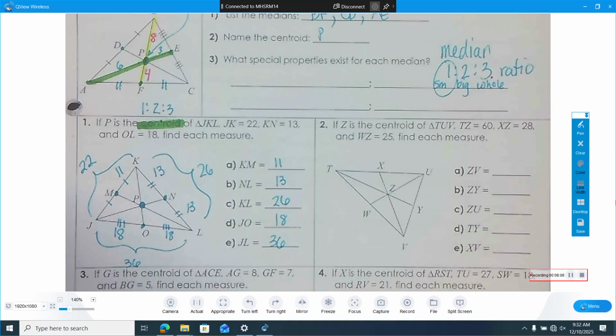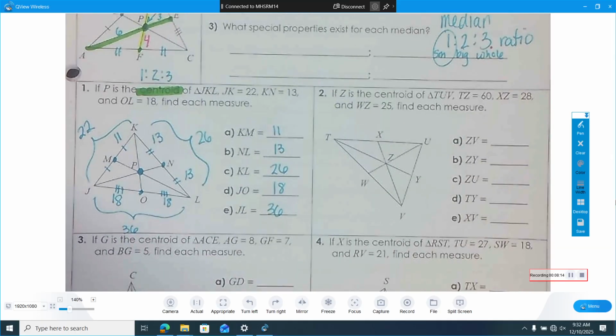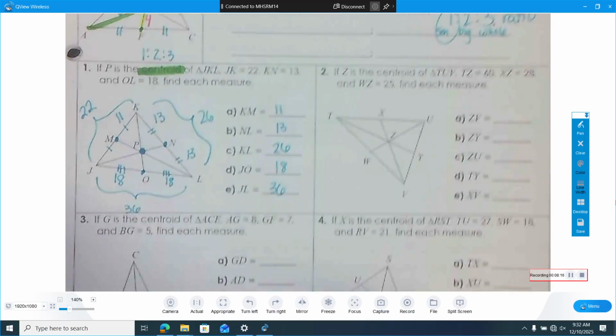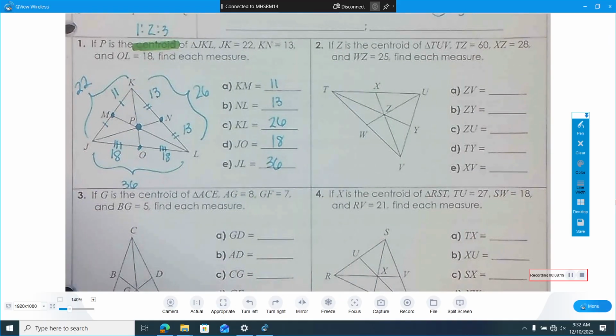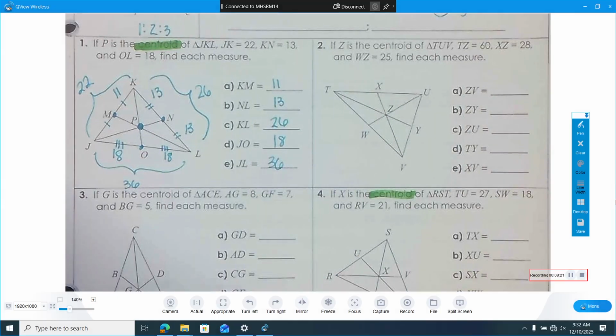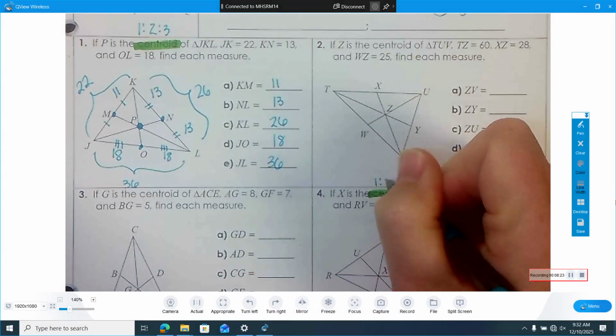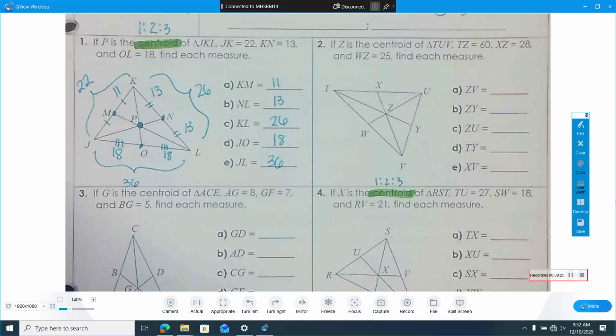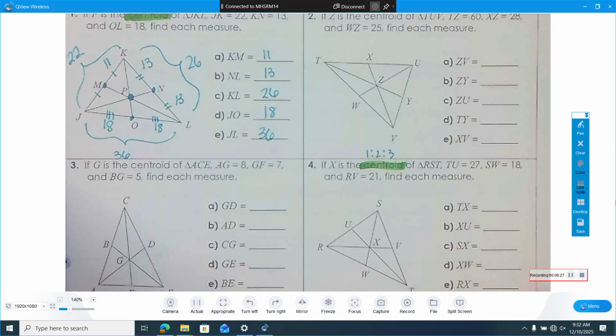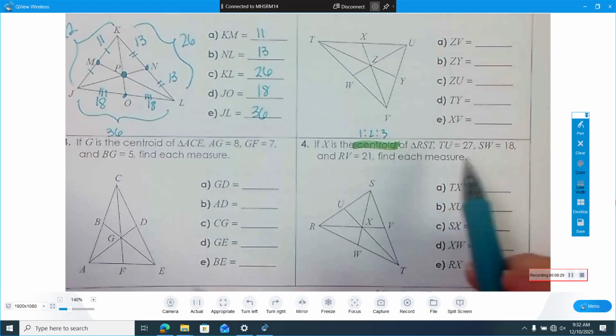All right. Let's look at number 4. Again, X is the centroid. The centroid means we've got medians and we've got the 1, 2 to 3 ratio on those medians. So again, I'm going to mark my picture.